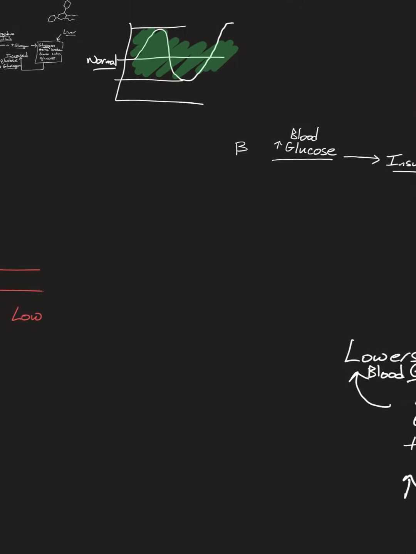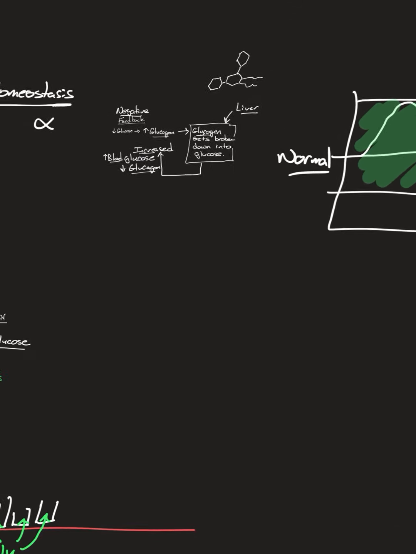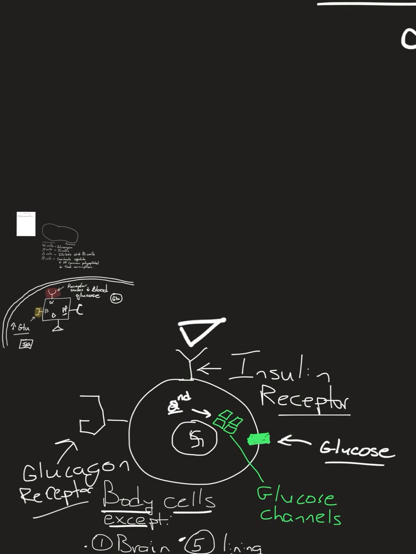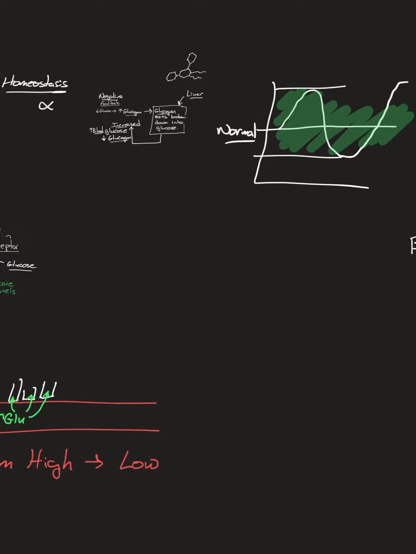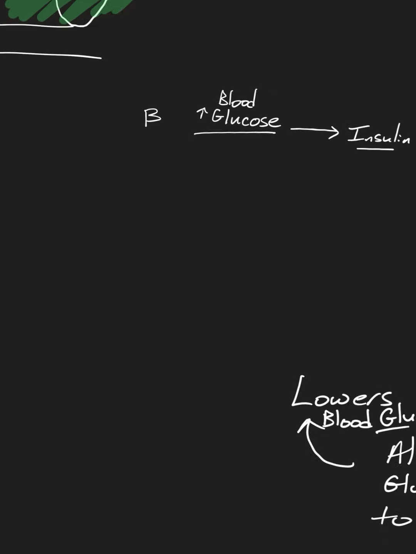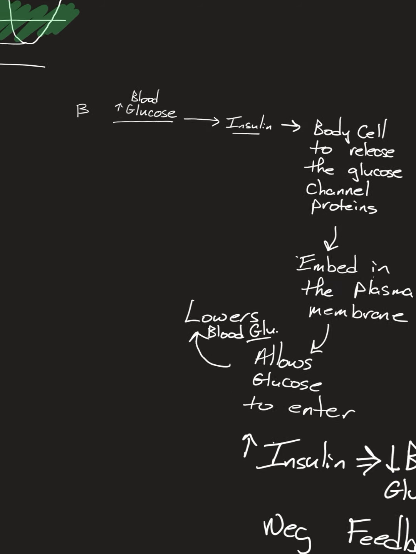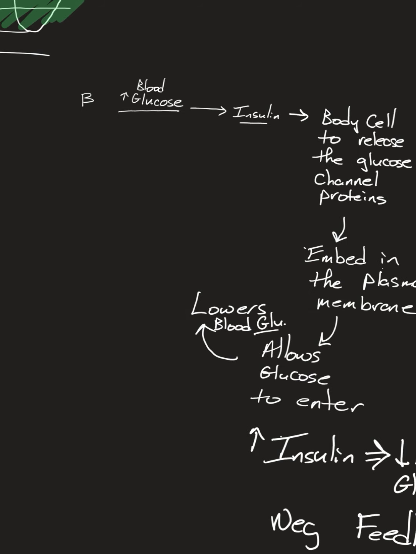And that's done by alpha cells, right? So alpha cells deal with the glucagon. The beta cells of the pancreas then create insulin, and they react to high blood glucose because of a receptor that measures blood glucose level.